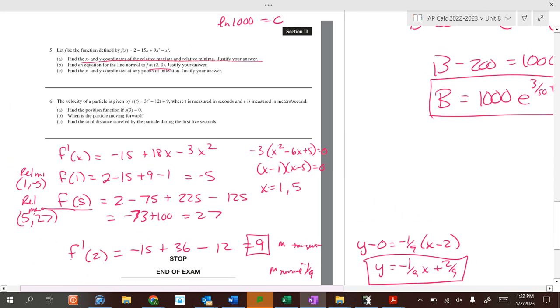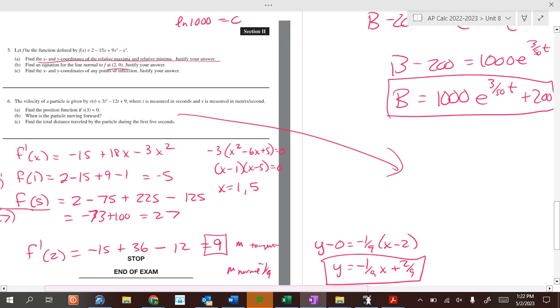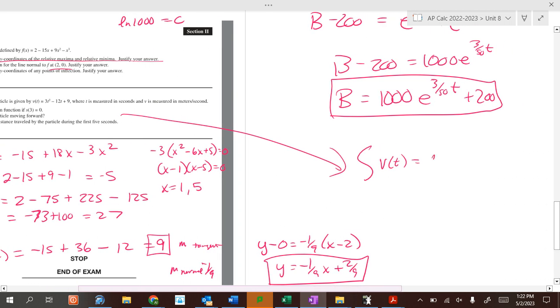Okay. And then velocity of a particle. Find the position at s equals 3. When you're finding position, what is it of the velocity? Integral. The integral of v sub t. If you write that down, you automatically get a point. T cubed minus 6t squared plus 9t plus c.